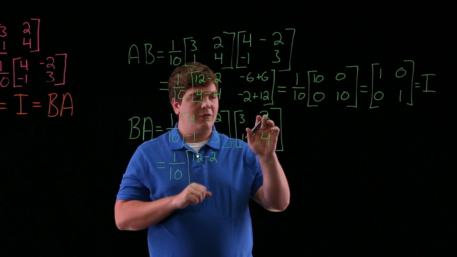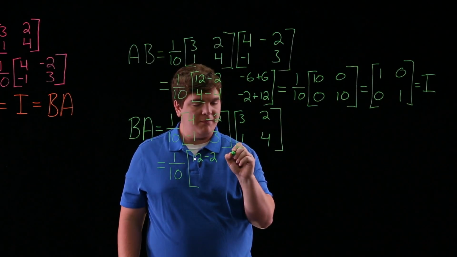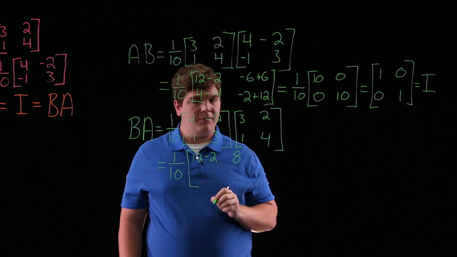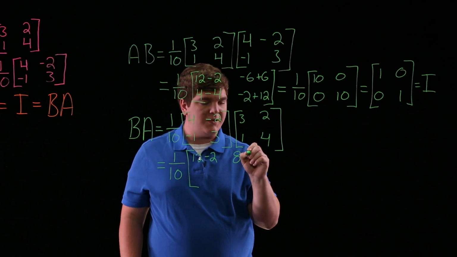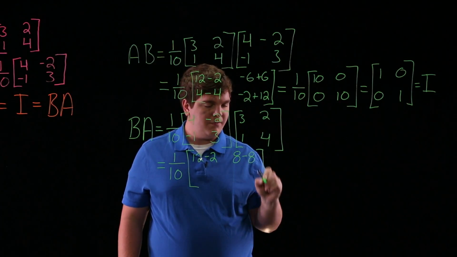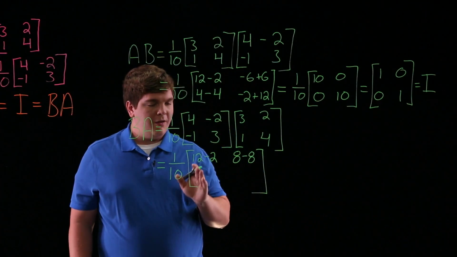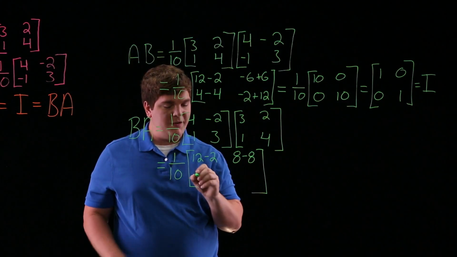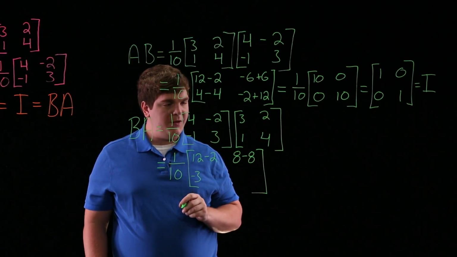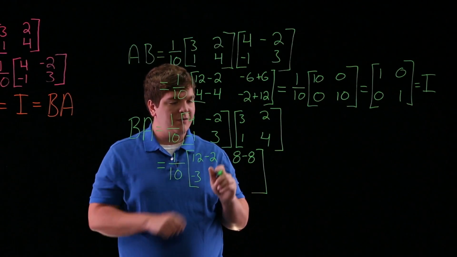We have 4 times 2 is 8. And here we're adding -2 times 4, which is the same as subtracting 8. In the second row, first column, we have -1 times 3, which is -3, plus 3 times 1.